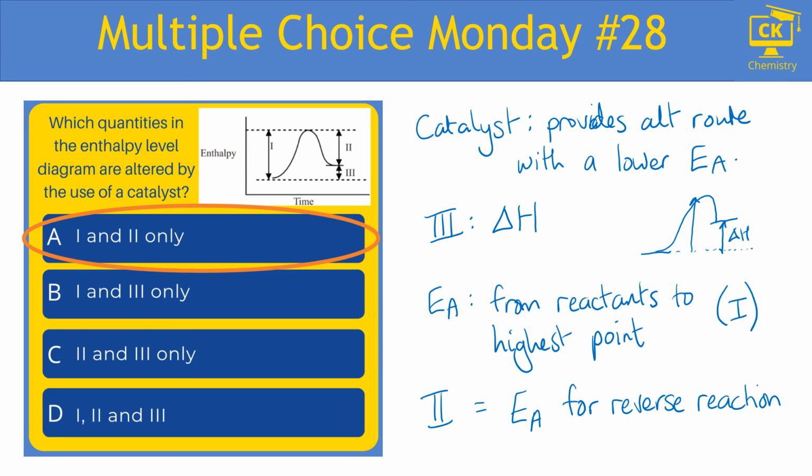So this idea that the arrow up on one side is the activation energy for one reaction and the arrow up on the other side is the activation energy for the reverse explains to us why a catalyst doesn't improve the yield or shift a position if you do have a reversible reaction. Because if I have a lower activation energy, then the catalyst is lowering the activation energy for both the forward and the reverse reactions.